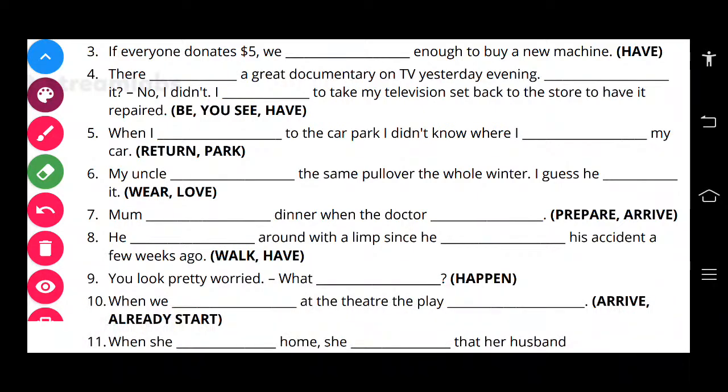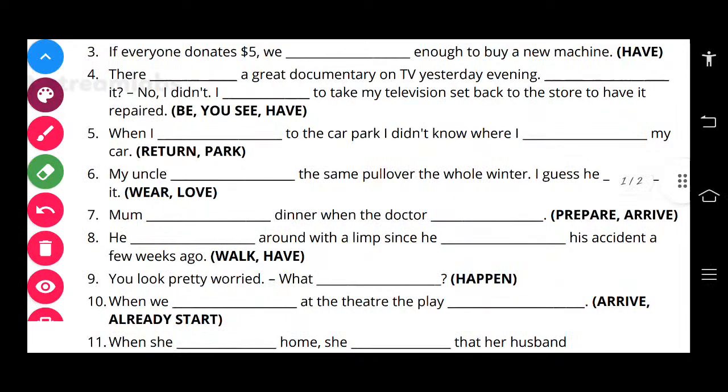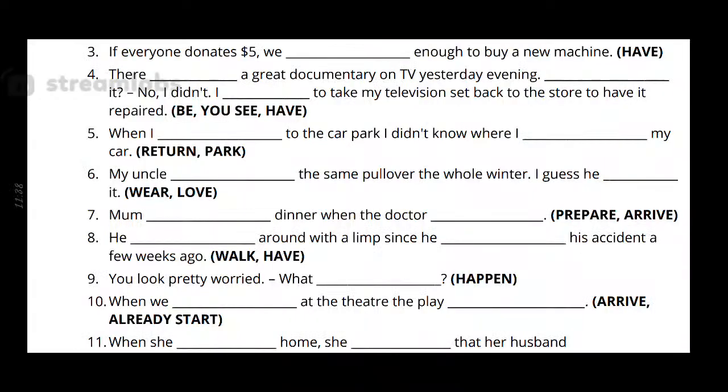But when we are talking about two actions with regard to only one person, we should not use past ongoing and completed action. We have to express both actions as completed actions.